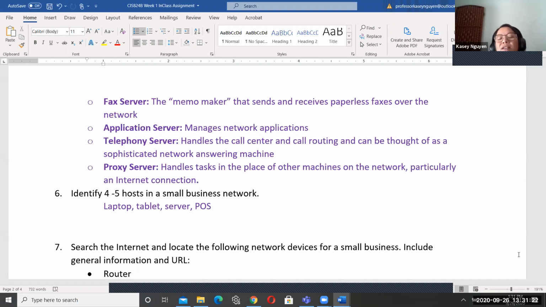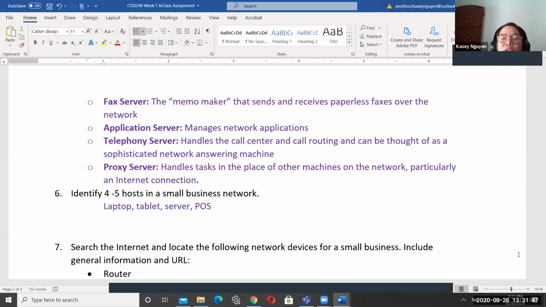Like Square, if you're looking at small business, you can attach that to a tablet, swipe the credit card, or insert the chip. So any host is any network capable device, and you can attach that to the network.